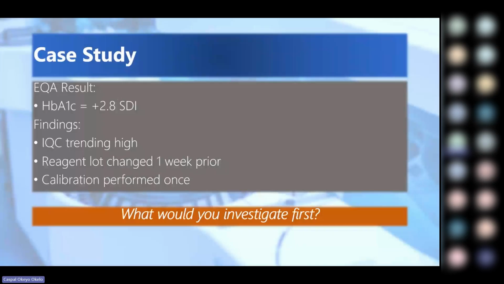You checked your submission, the results were okay, there were no transcription errors. You've reconstructed the day, and investigated the QC on that day and the lead-up. Then you realize that before you ran your EQA sample, your IQC was trending high. You had a reagent lot that was changed 1 week prior, and calibration was performed well.